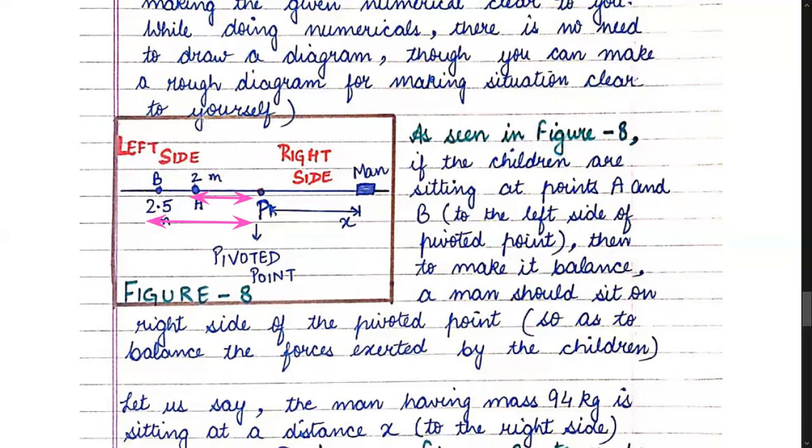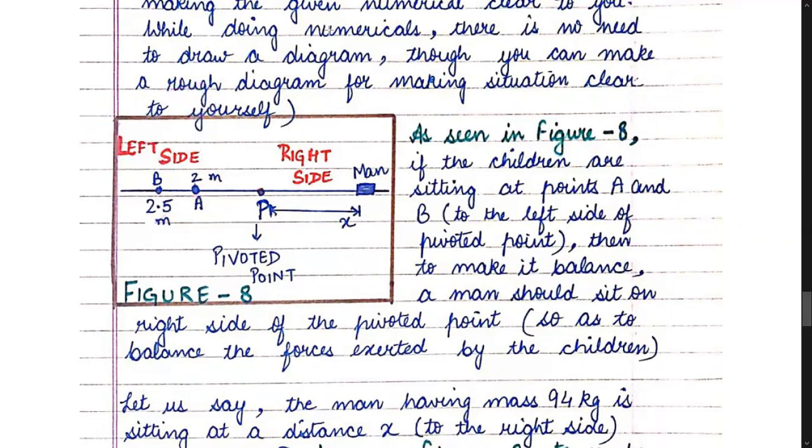Now, if both the children are sitting on one side, what does it mean? It means that the seesaw will be unbalanced. It will depress from the side where the children are sitting. So, to make it horizontal, I have to make the person sit on the other side of the seesaw.